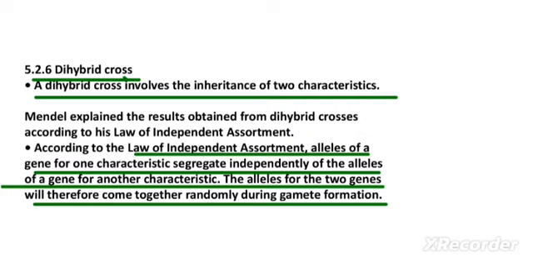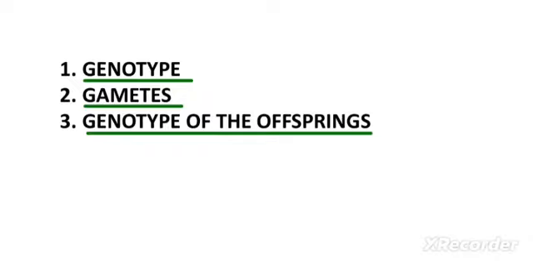For you to be able to answer questions under this topic, you need to know the following. You need to be able to find the genotype of the parents, find the gametes of the parents, and find the genotype of the offspring or the children. But how do you find the genotype of the parents? Let's start there. You use the statement that you'll be given. And how do you find the gametes? You use the genotype.